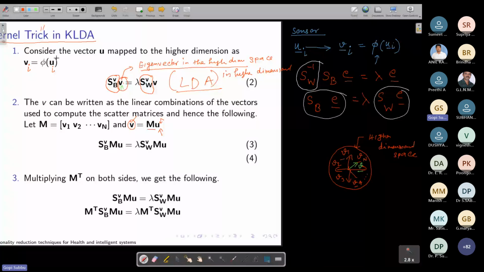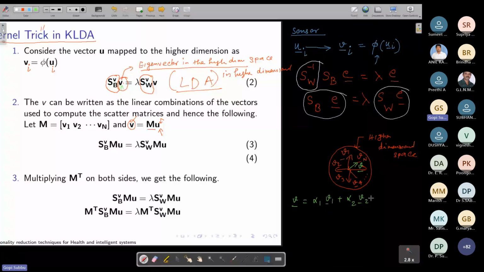This is some arbitrary vector U, right? So what I mean by that is the eigenvector V can be represented as the linear combination of the vectors that are in the data set.